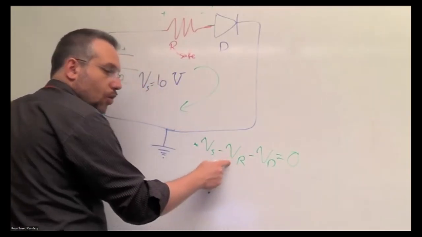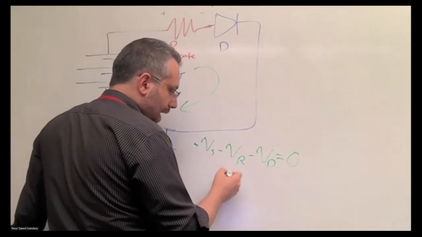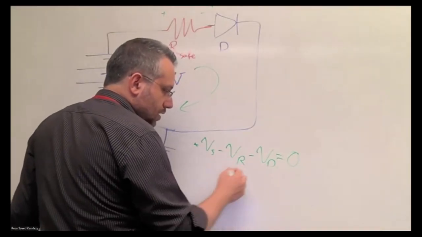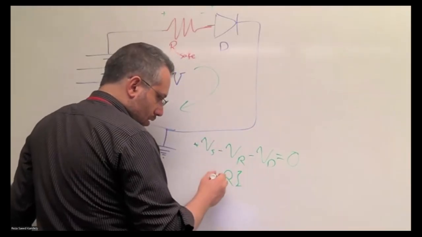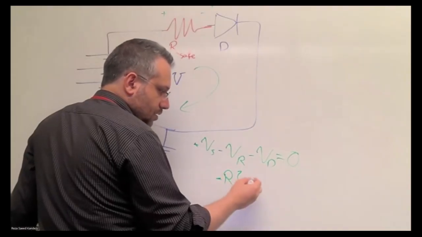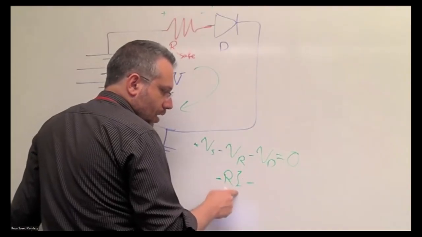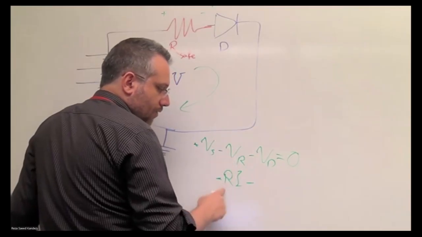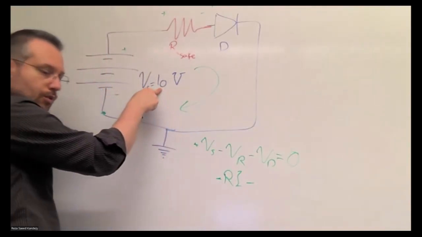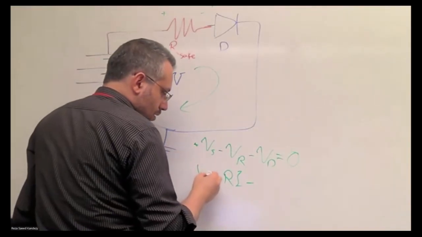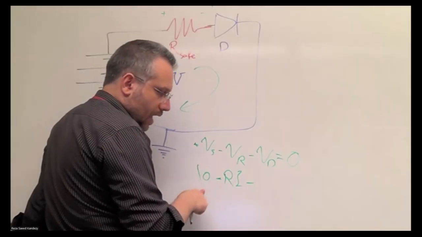Okay, now what is VR? We know this is Ohm's law. VR is the resistance times the current passing through this resistance. So this is the amount of voltage we have across the resistor. What is Vs? We know it's 10 volt, so it's 10. Correct?